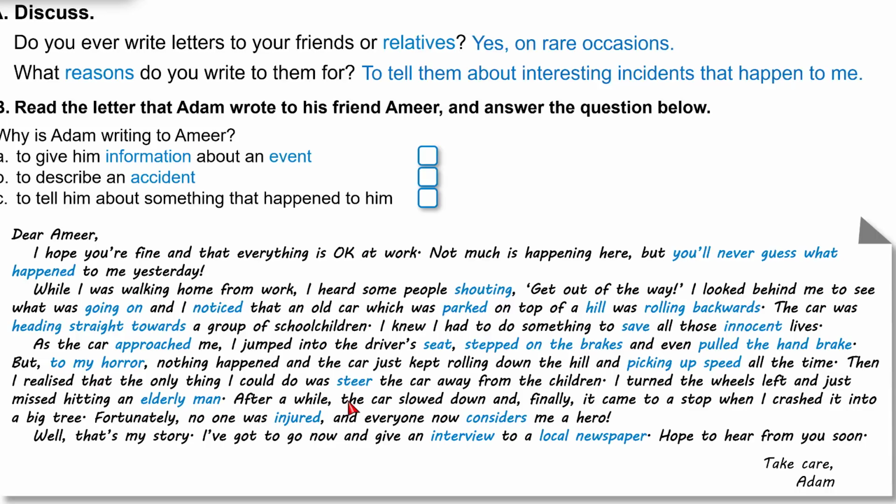After a while, the car slowed down, and finally, it came to a stop when I crashed it into a big tree. So I hit the tree for the car to stop. Fortunately, luckily, no one was injured, no one was hurt. And everyone now considers me, thinks of me as a hero.